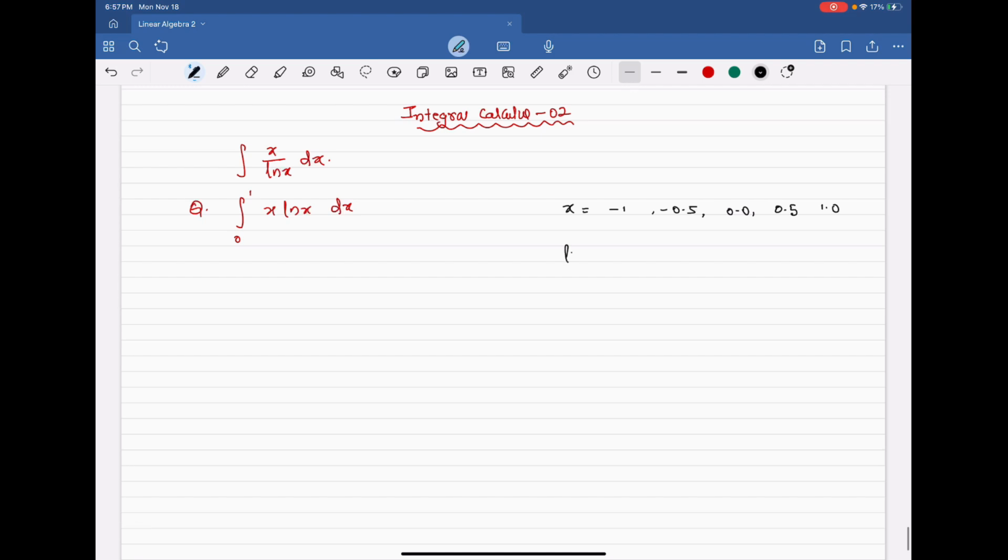Let us calculate ln x. For 0, what is the ln x value? Minus infinity. For 0.5, what is the ln x value? Minus 0.693. We know about it. We have done it in the last class. For x equal to 1, ln x is equal to 0.